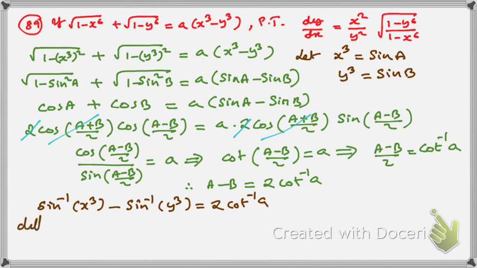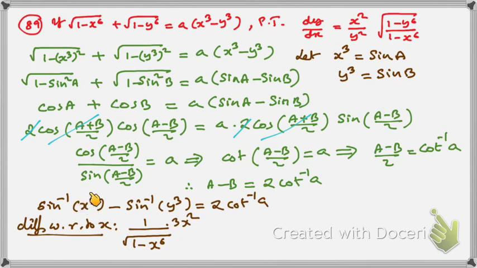When you try to differentiate this, sine inverse of x, we discussed the result as 1 by root of 1 minus x square. So the derivative of sine inverse of f of x would be 1 by root of 1 minus f of x the whole square, into f dash of x.